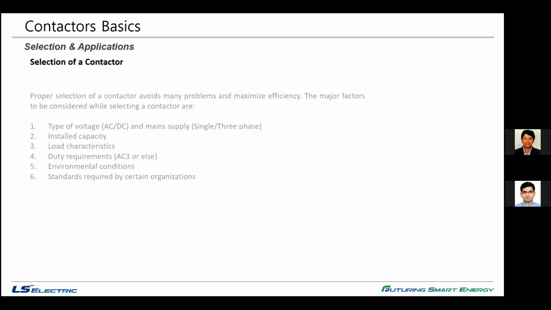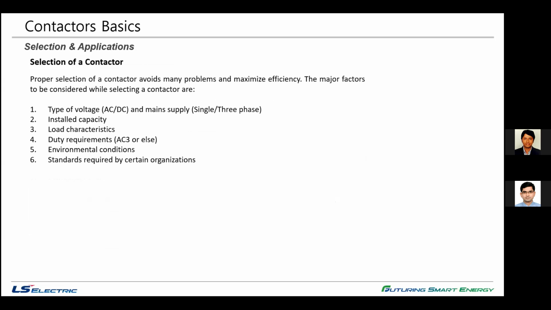Now talking about selection is very important. You have to do proper selection of the contactor. It avoids many problems and maximizes efficiency. The major factor is supply voltage, so you should know whether it is AC or DC supply. Then whether the main supply is single phase or three phase.